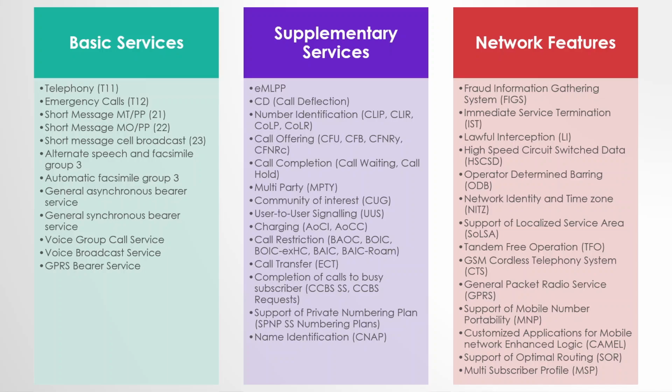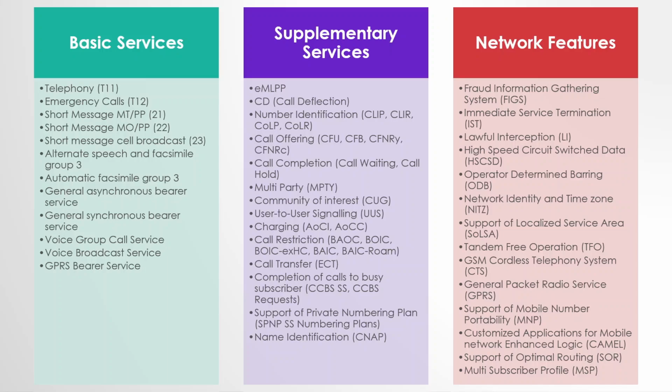If home network determines, possibly with fraud information gathering system or any other systems, that a roaming subscriber is behaving in a fraudulent or suspicious manner, home network can terminate all activities of the subscriber, including calls that are in progress. Lawful interception.